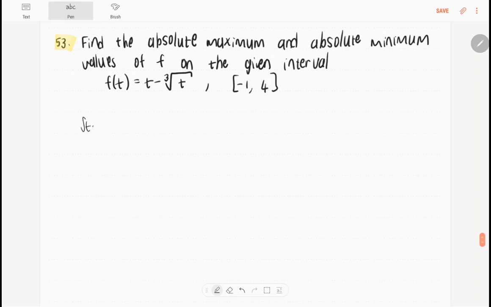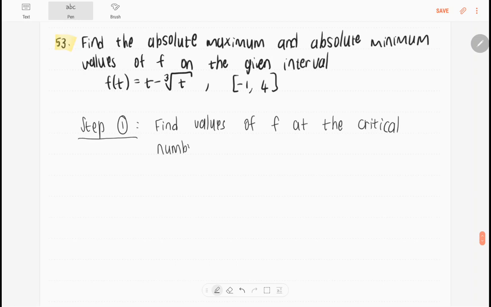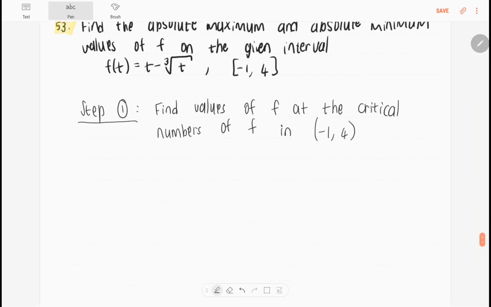So step 1: find the values of f at the critical numbers of f in the open interval from minus 1 to 4.